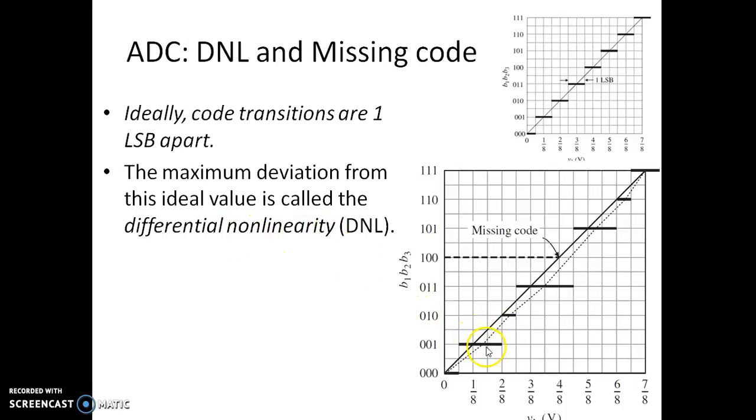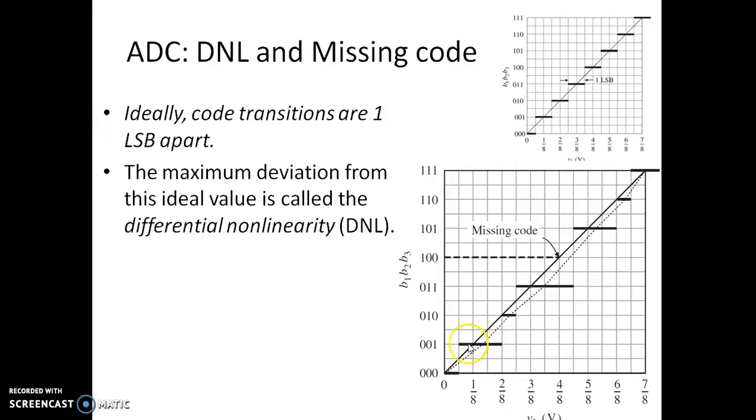So now we can see there is a DNL of half LSB, because here we don't say there is a DNL because all the codes are having a length of 1 LSB, but here we have a DNL of 1 half LSB, because 1.5 is the length, whereas what is required is actually 1 LSB.